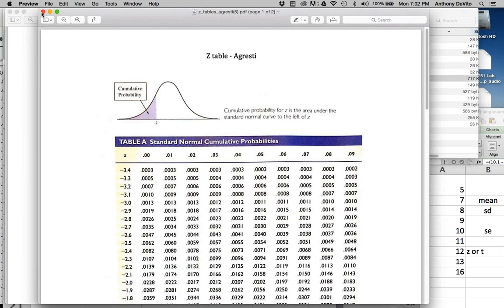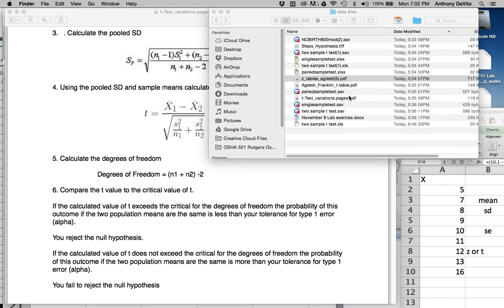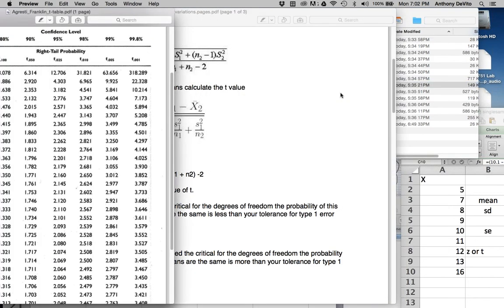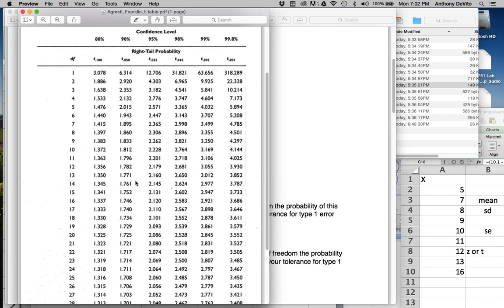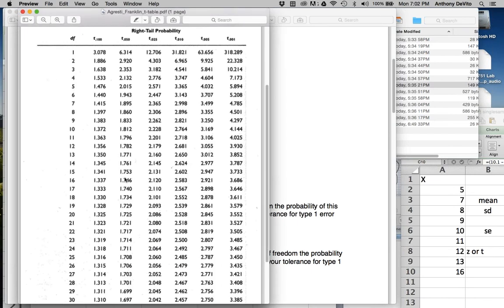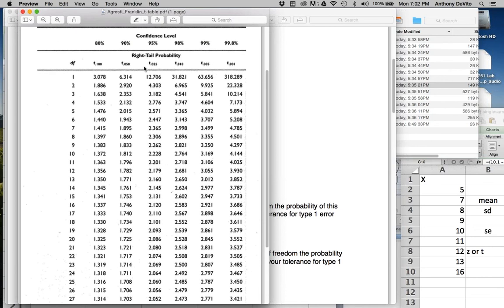Oh, that's my z table. Here we go. So for 16 degrees of freedom, what's our critical value of t? Right, 95%, 2.5% in each tail, an alpha of 0.05. For degrees of freedom equals 16, our critical value of t is 2.12. Have we exceeded 2.12? Yes, we have, right?